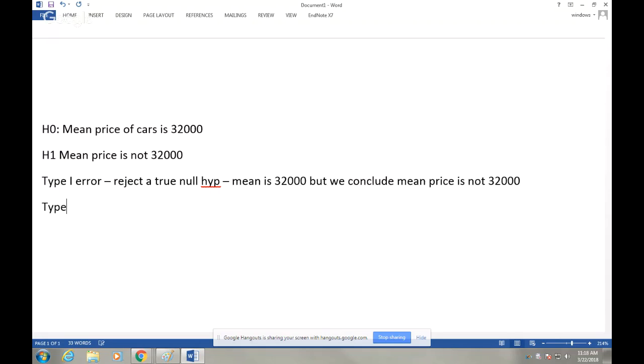Okay, type 2 error. Again, my first thought is to say, what is type 2 error again? Oh, it's not rejecting a false null hypothesis. Okay, false null hypothesis. So what is the reality? Mean is not the data, but the underlying reality. What is going on? The null hypothesis is false, which means what?